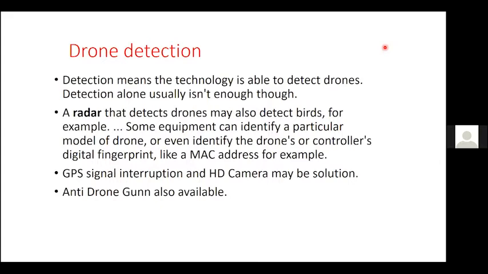Then drone detection is one of the burning areas nowadays. You know, drones have attacked many military establishments on the Punjab border. A lot of materials, even arms, are being passed in J&K. So drone detection is another big area.